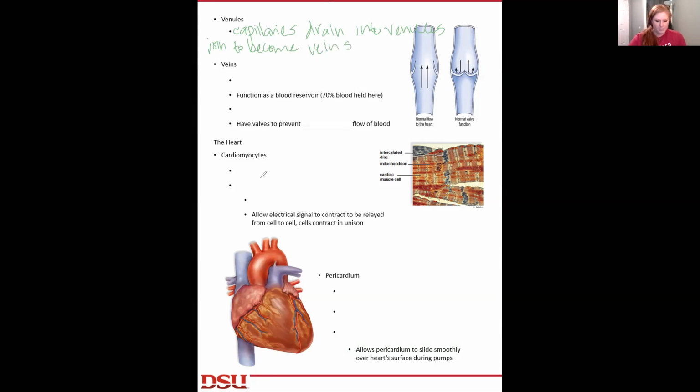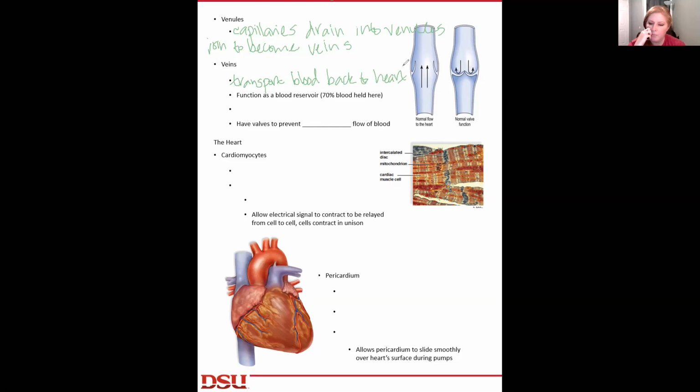Okay, let's talk about veins. Again, they're going to transport blood back to the heart. They actually function as a blood reservoir, which is interesting.